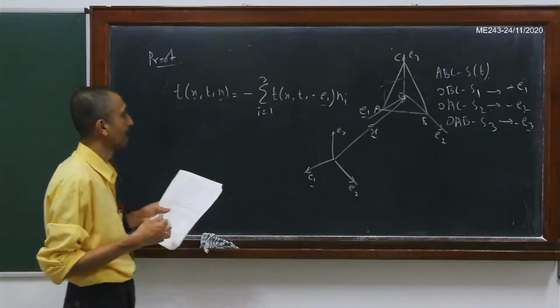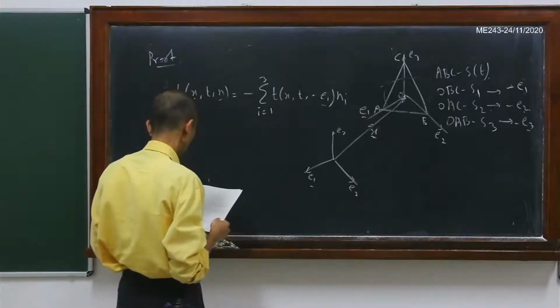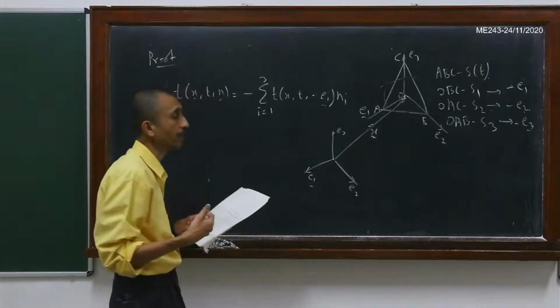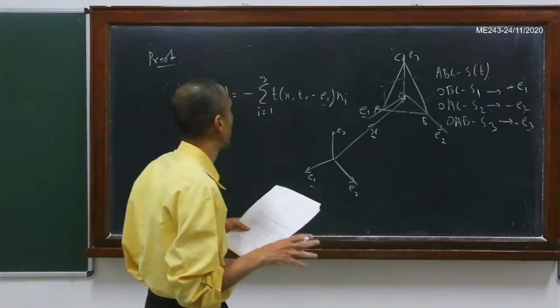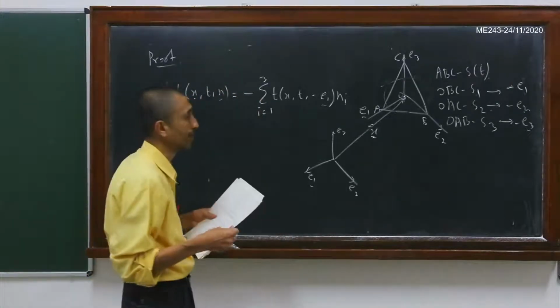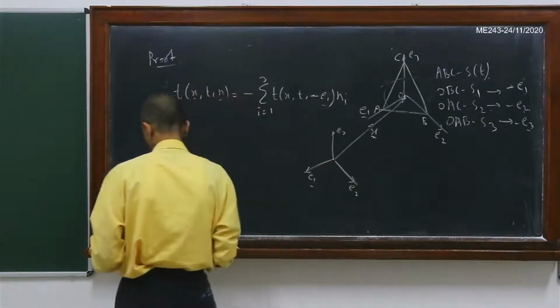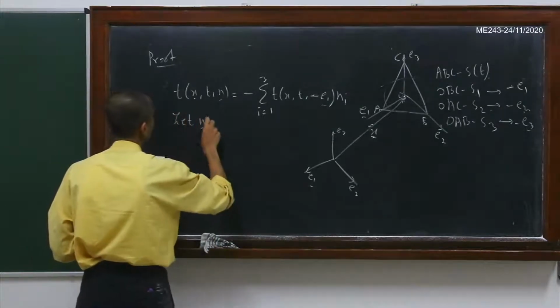As I said, I am not going to go through all the details, but essentially this is what you will get. Now we will use the continuity. If you read the statement of the theorem, we have seen that the traction is assumed to be continuous with respect to the normal. So we can let the normal tend to E1. So let n tend to E1.